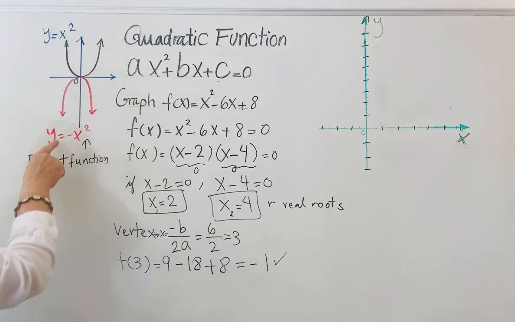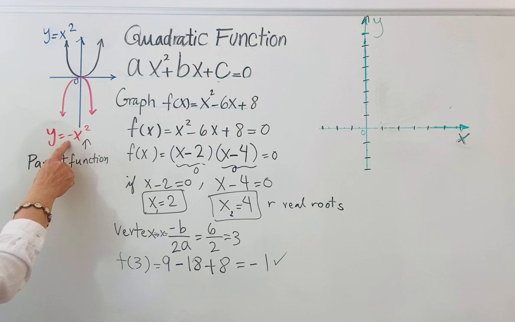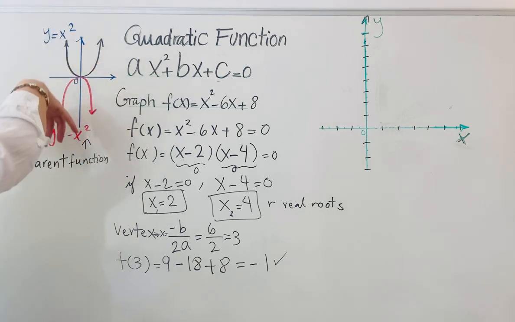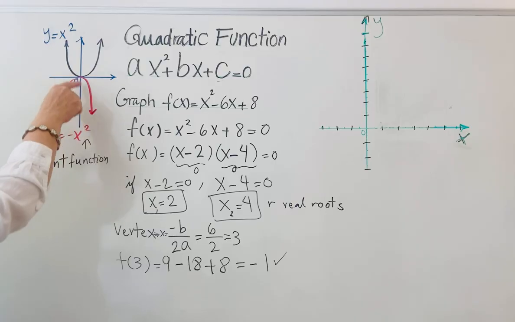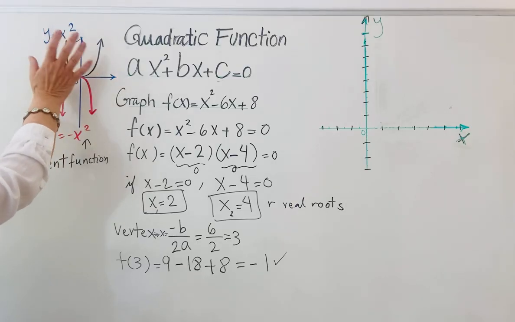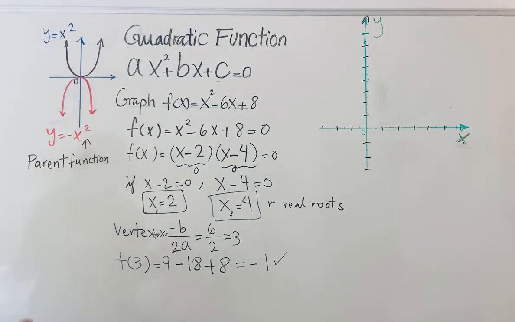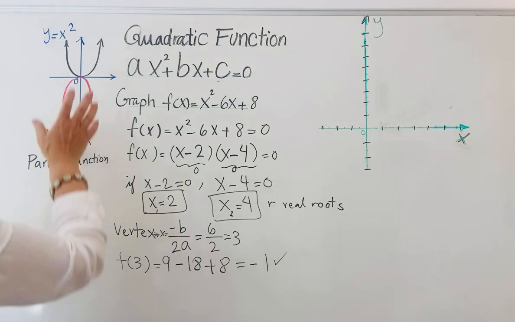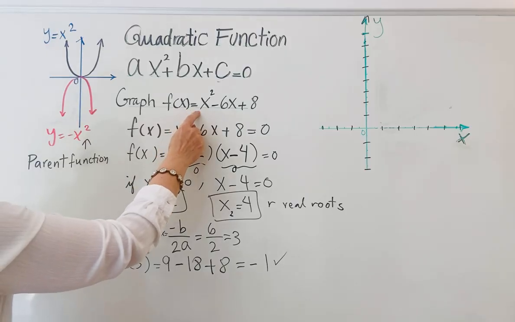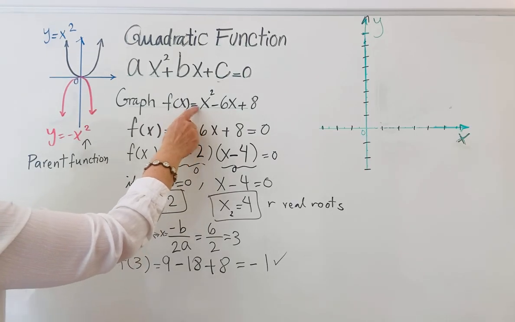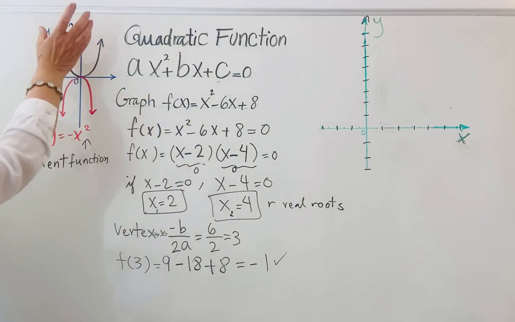If the coefficient is negative, like negative x squared, it is downward. This one is negative x squared, here is x squared. This is just a parent function, the simplest form. So we are expecting something like this, because the coefficient of x squared is positive, this is a parabola upward.